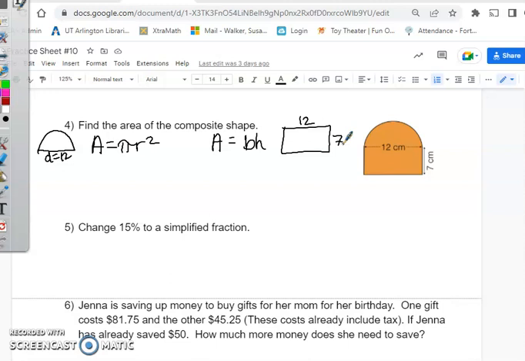So you need to find the whole area first, okay? Pi, 3.14. The radius, remember radius just goes to the center, so the radius is 6. It's half of 12, okay? So 6 squared, so 3.14 times 6 times 6.